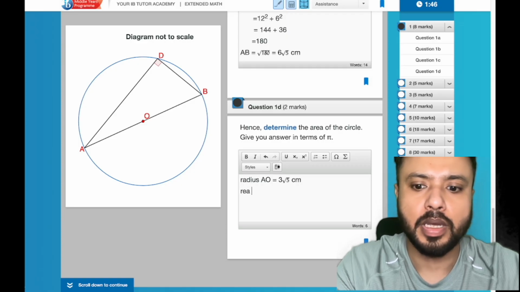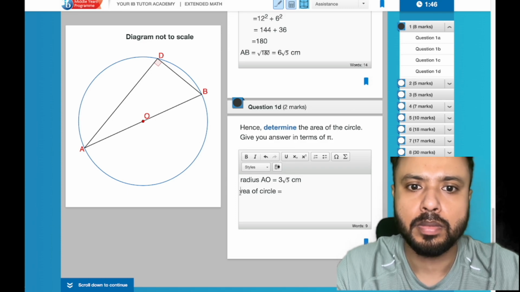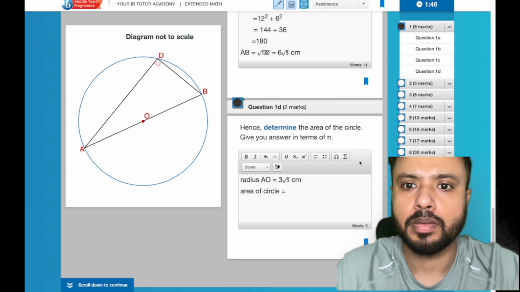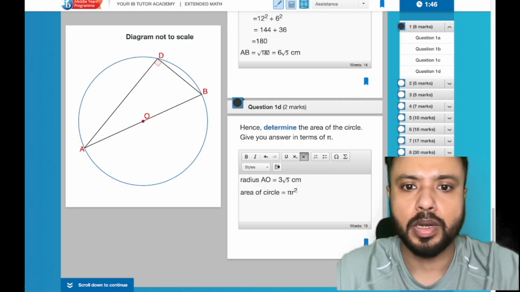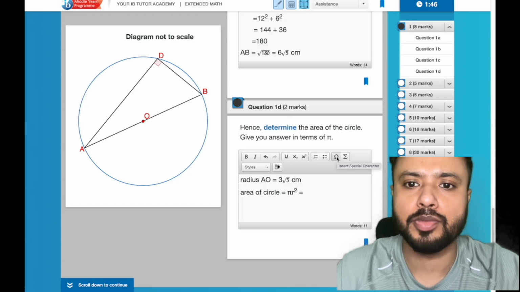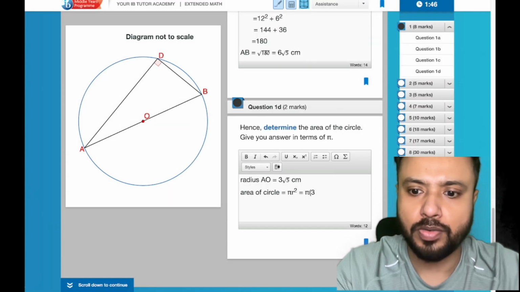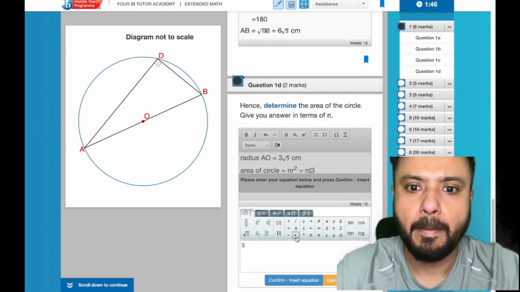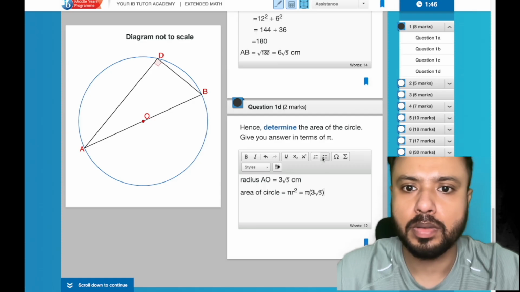So therefore the area of the circle would be equal to pi r squared, which would be equal to, so we have to find the area in terms of pi only. So pi, brackets 3 root 5, squared.